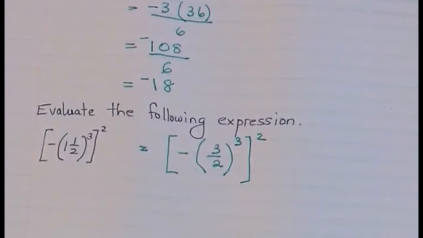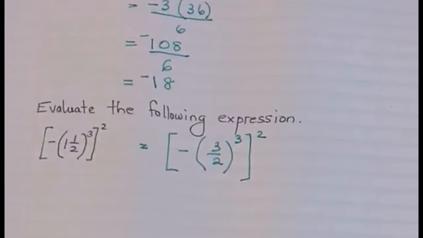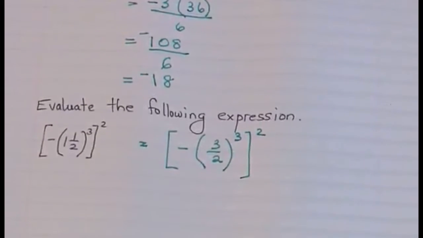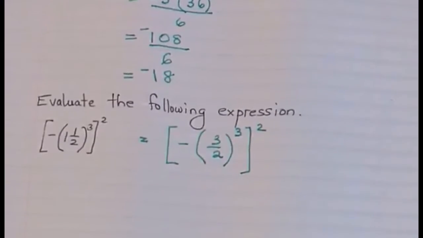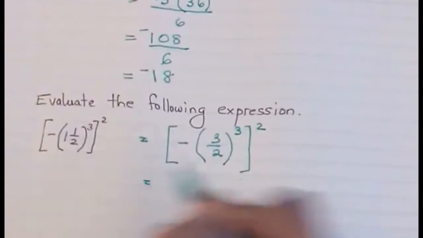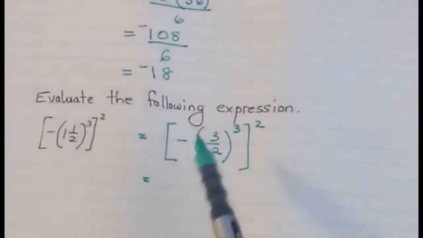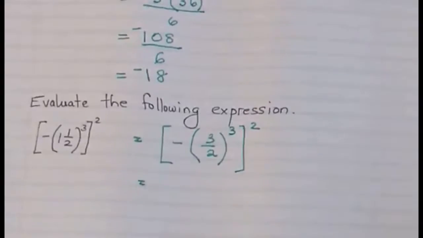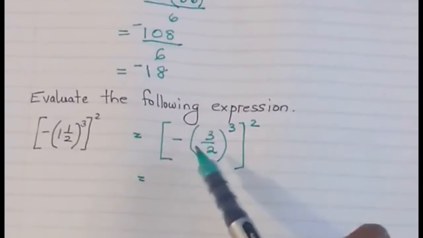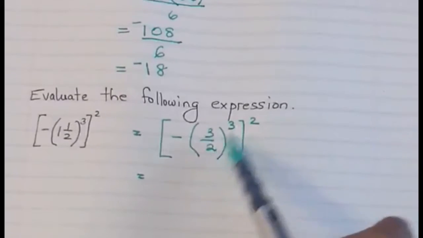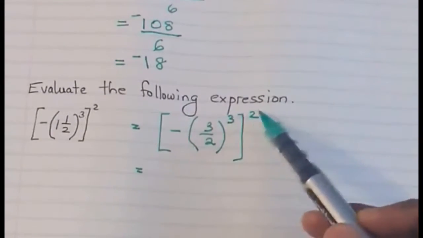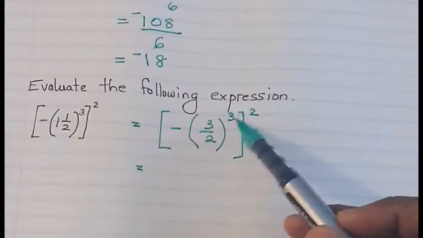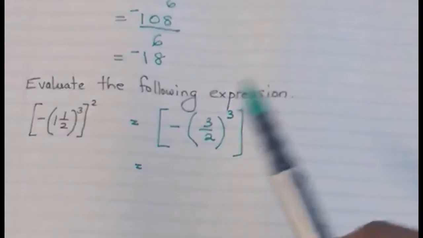Now, when we have a power of a power, when we raise a bracket to a power, everything inside the bracket needs to be raised to that power. So inside this bracket, we have a negative sign, which we usually don't write. So it's a -1, and another bracket, which is multiplied by that, which is 3/2 to the power of 3. So when I do a power of a power, for 3/2 it's going to be 3 times 2, which is 6.